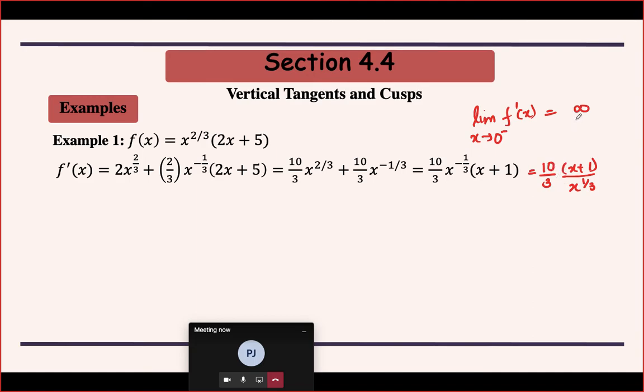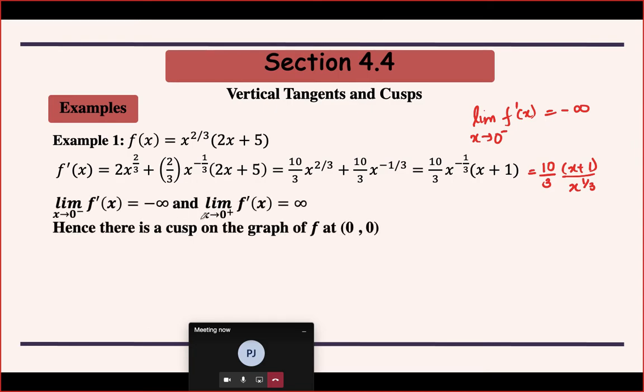Is it positive infinity or negative infinity? Negative infinity. Negative, because you are going to take values of x that are very small but negative, and when you take a cube root of a negative number, you are going to get a negative sign. So this limit is minus infinity.